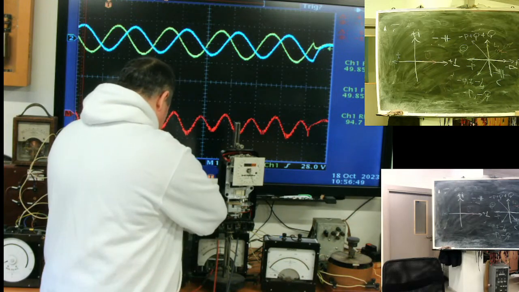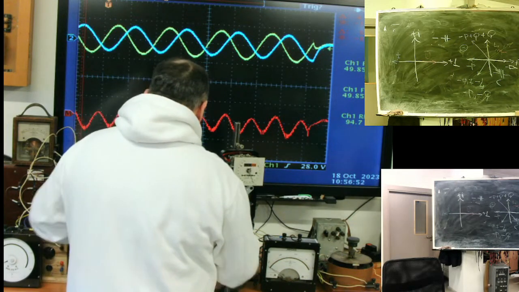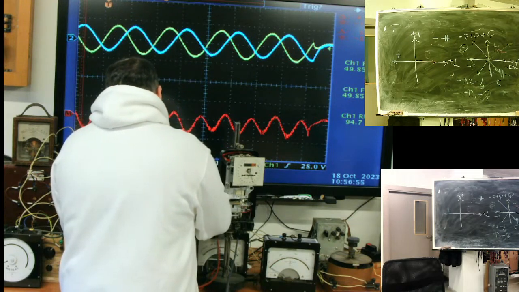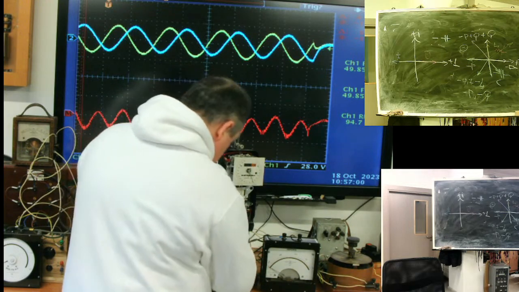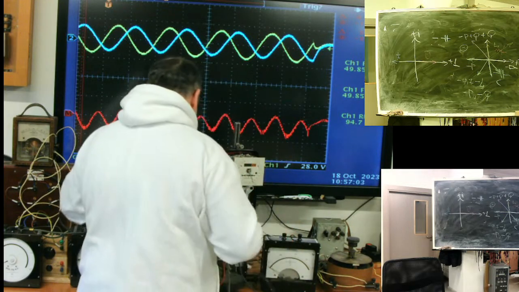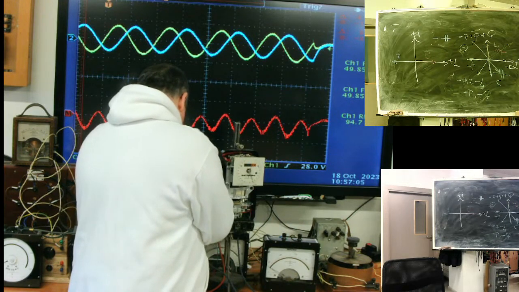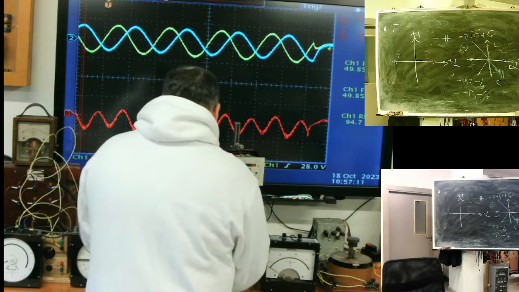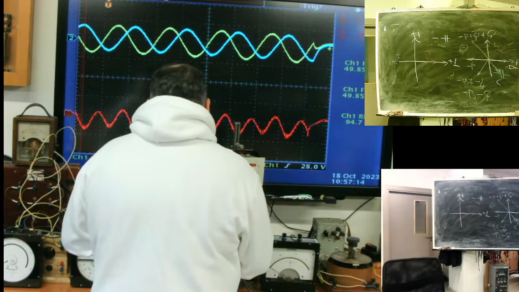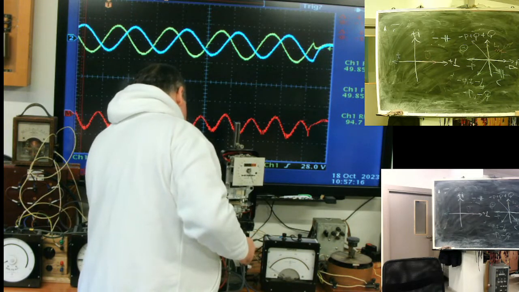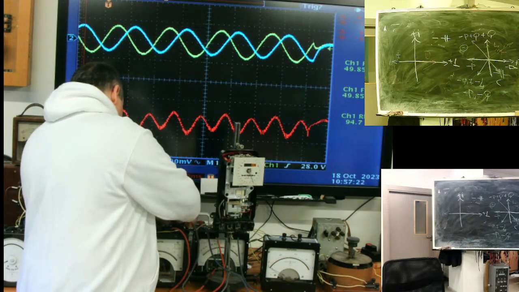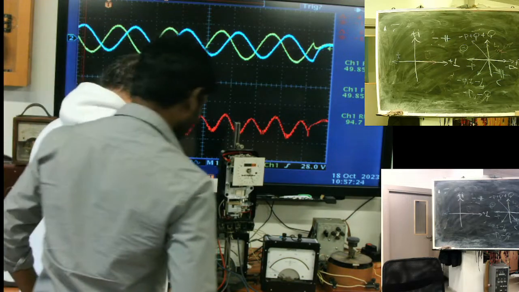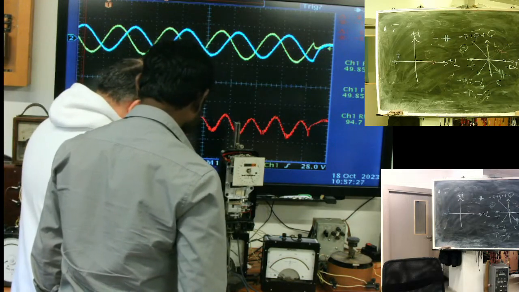I'll put it in place of reactive power meter. One sees. This one goes here and it's a metal.